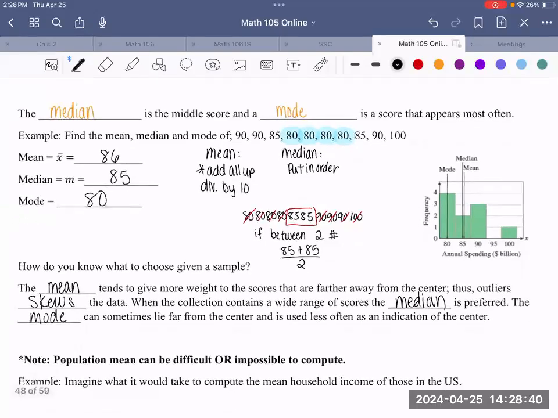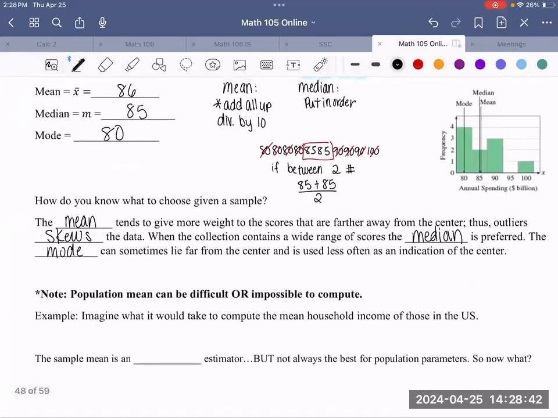So let's note that the population mean can be different or impossible to compute at times. So in that case, we would need to go with your sample. And the reason for that is, if you can imagine what it would take to compute the mean of household incomes for those in the US.